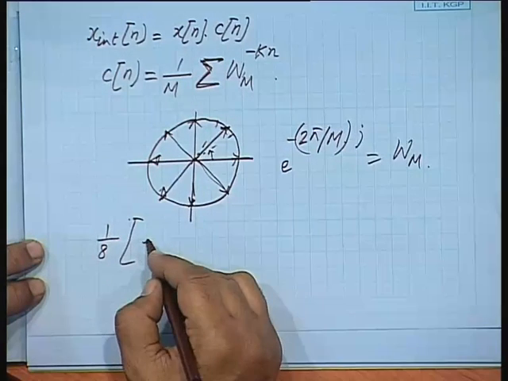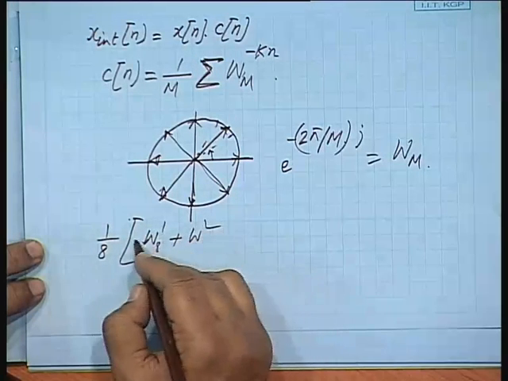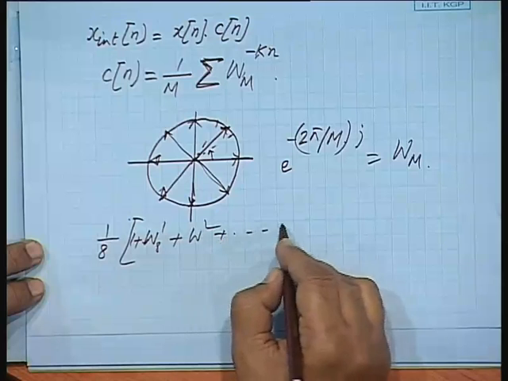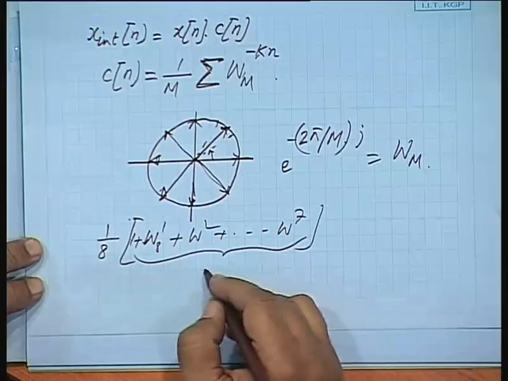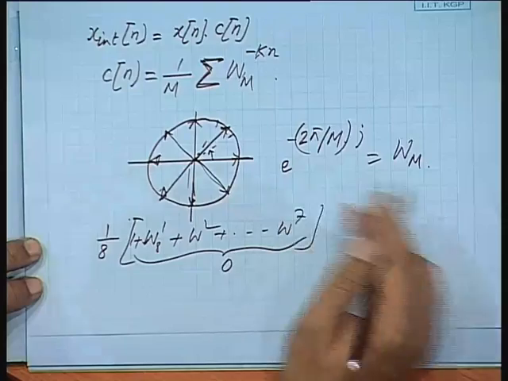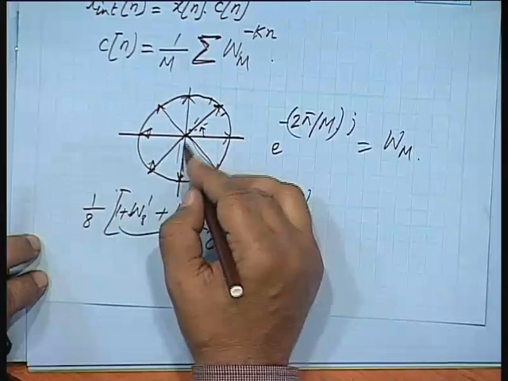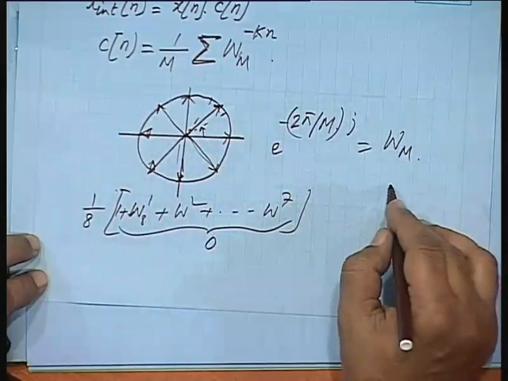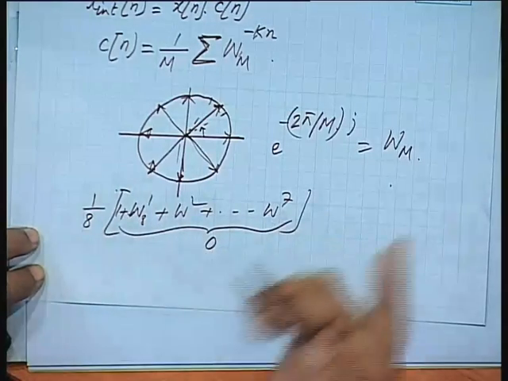So, it will be W0 is 1, W1, W2 up to W7, and how much is it? 0. All these components, if you add up, it is a balanced set of vectors, so it will be 0. Then if you take n is equal to 2, it will be 90 degrees and then multiples of that, so you will get again 0. So, for the next 7 steps it will be all 0, again in the 8th step you will get all ones.